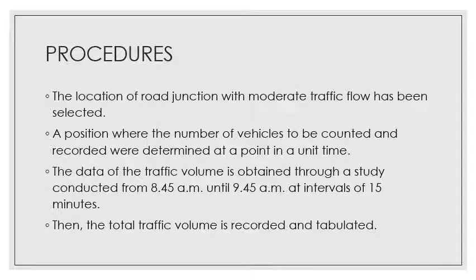You have to go to the selected junction, and the best junction is one with moderate traffic flow, not low traffic flow and not high traffic flow, but moderate. That means there is some movement, not an empty junction and not a congested junction.